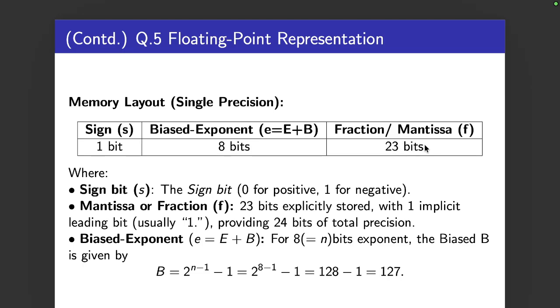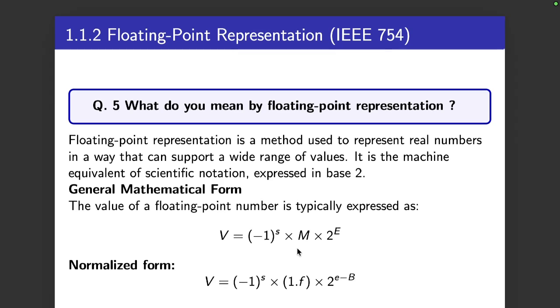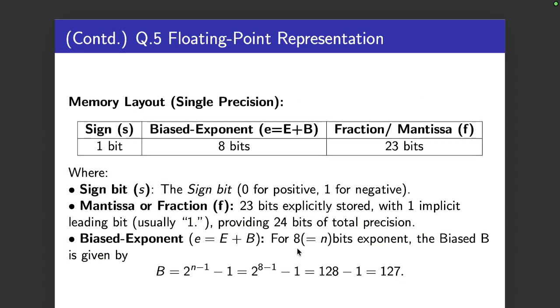So that is 23 bits for the fraction, 8 bits for the biased exponent, and 1 bit for the sign. Together, 23 plus 8 is 31, plus the sign bit, total 32 bits.